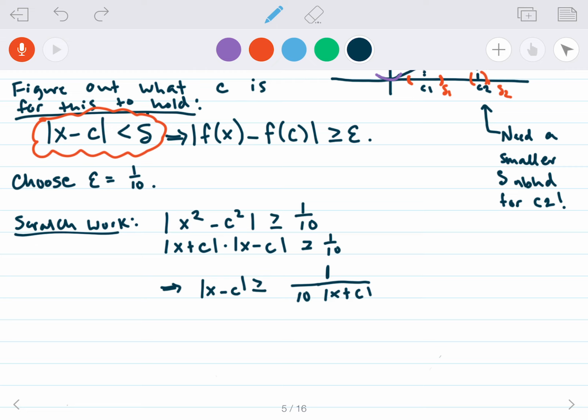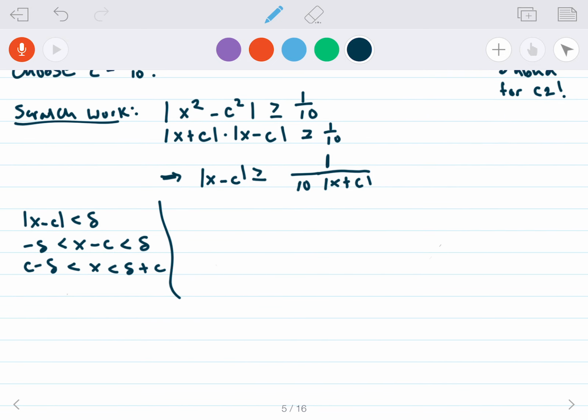Well, if I have that |x minus c| is less than delta, that says x minus c is between delta and negative delta. And then just adding c, I get delta plus c over here, and c minus delta over there. Again, I'm just doing scratch work here to simplify things.